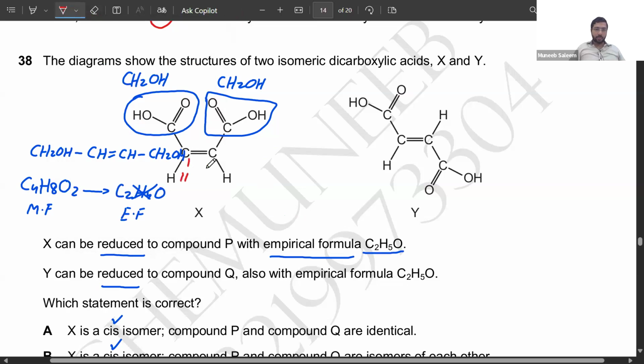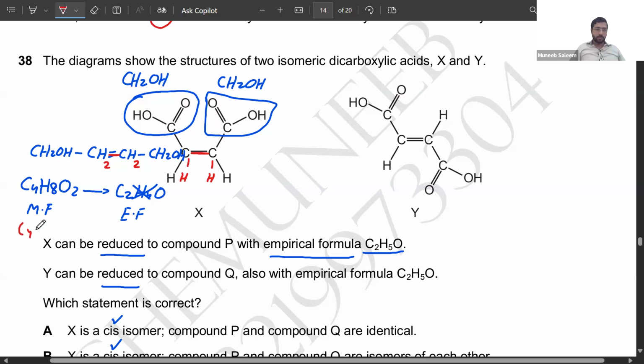So one hydrogen will go over here and one hydrogen atom will go over here, and this current double bond becomes a single bond. So it should be CH2 and CH2 here, which means we have just added 2 more hydrogen atoms as compared to the previous case.